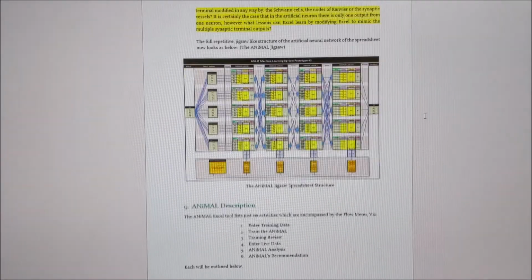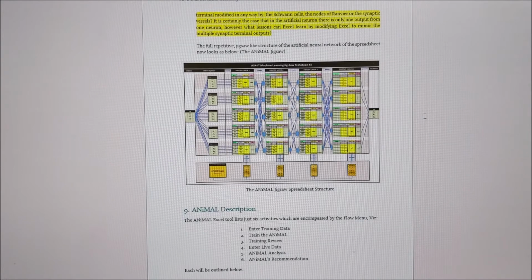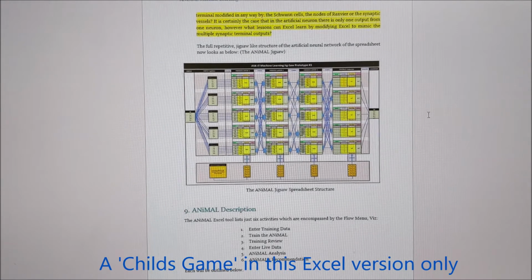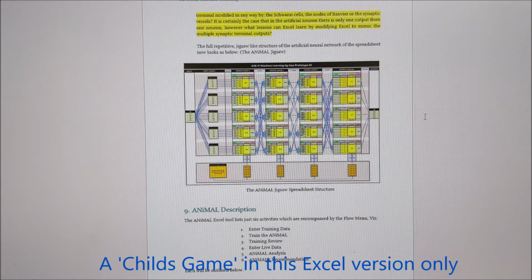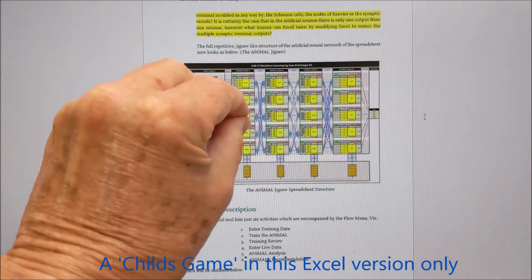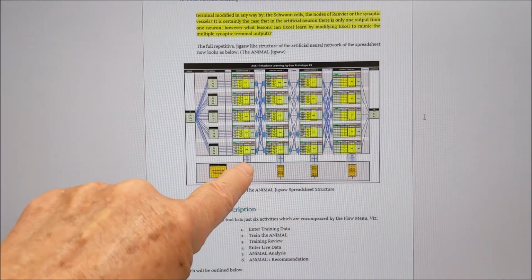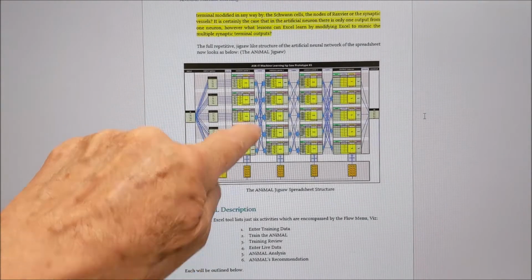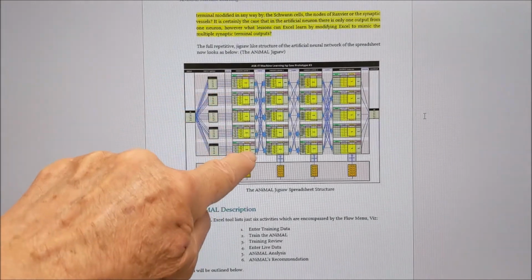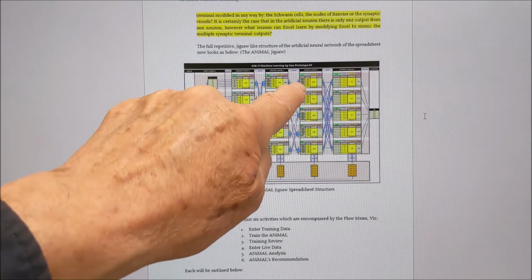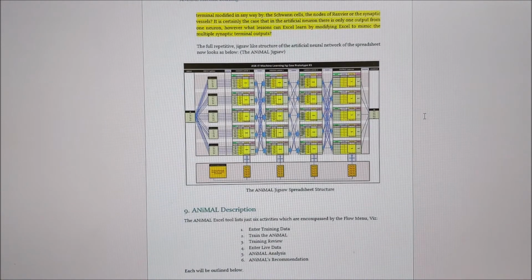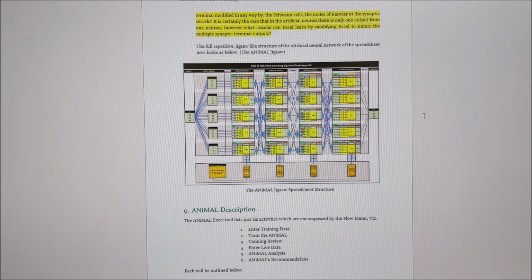Now, one thing that we should really mention is this is where we started to consider neural networks as a child's game, because it's like a jigsaw. The old jigsaw thing, we just copy and paste as many as we want wherever we want, and all the detail is in linking these inputs to these outputs, and so it's purely linking, click and go, so it's very simple.